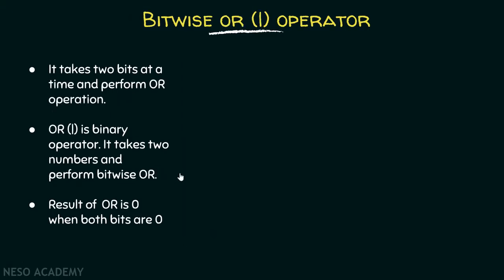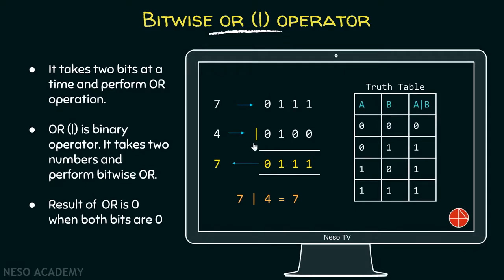Okay. Let's try to understand the concept of bitwise OR operator as well. It takes 2 bits at a time and performs OR operation. OR is a binary operator. It takes 2 numbers and performs bitwise OR. Let's consider one example. Here in this example, what will bitwise OR operator do? Result of OR is 0 when both bits are 0.